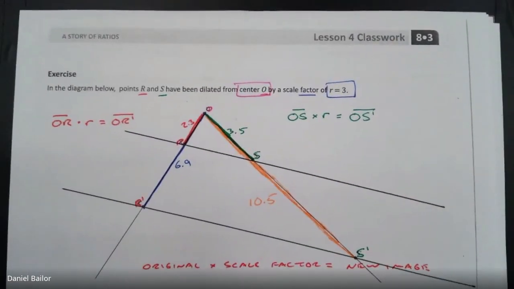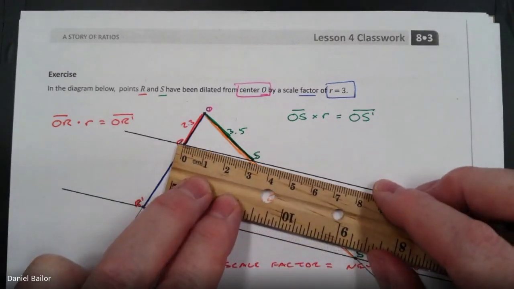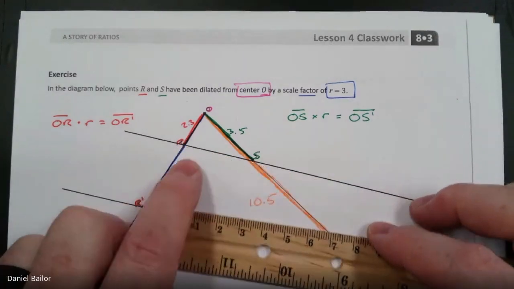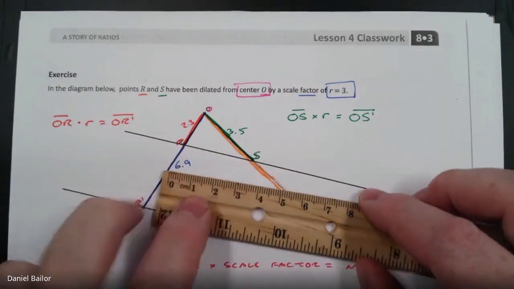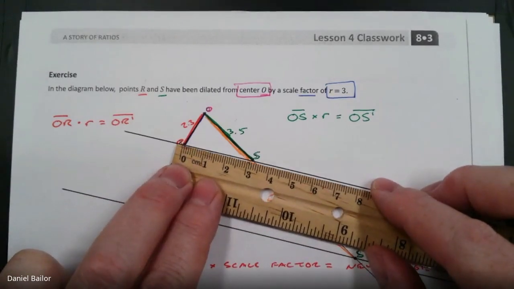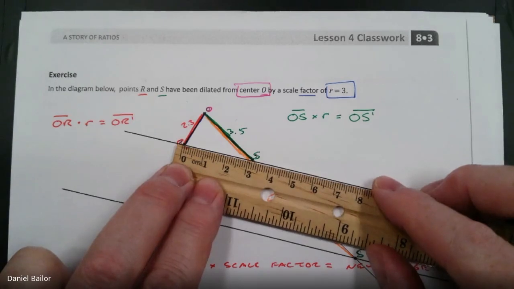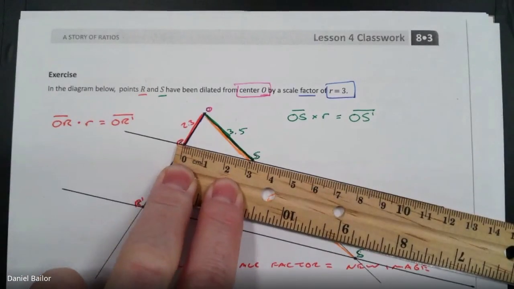So now let's talk about the length of these things. So let me get my ruler out. Let's just do centimeters. And I'm going to measure RS. I'm going to measure between R and S. And so I'm going to be as precise as I can. From the middle of R to the middle of S looks on my ruler to be about 3.2 centimeters. So I'm going to label that.